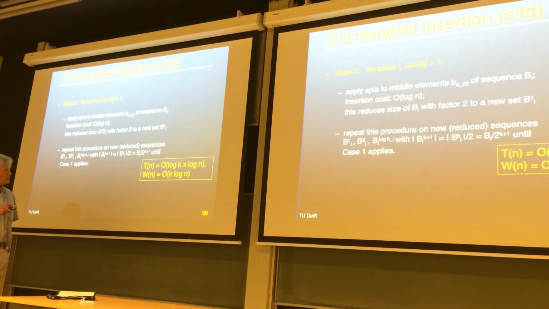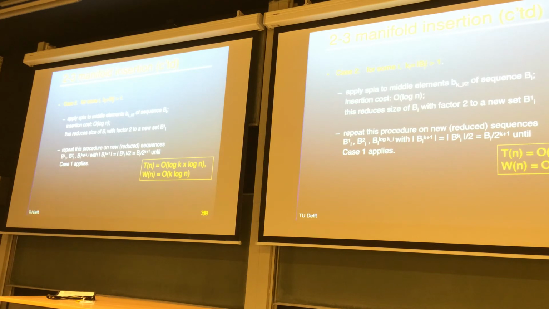This will ensure that in O(log k times log n), due to this halving procedure, we will be able to insert all the elements. It will cost you O(log k times log n) amount of time, and O(k times log n) amount of work. Well, this is a nice reduction in time, of course, but we are not satisfied.